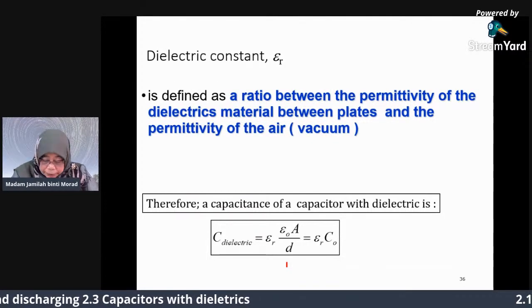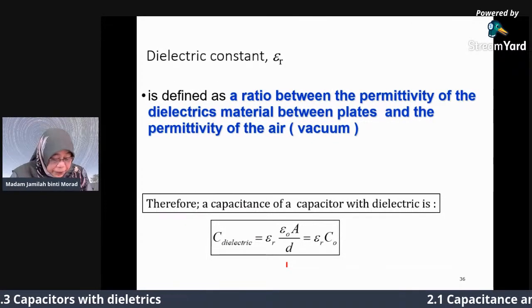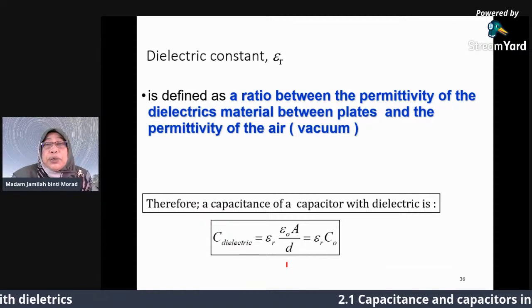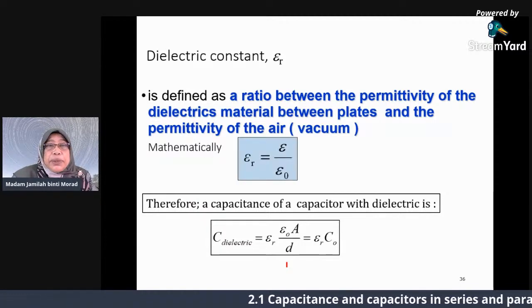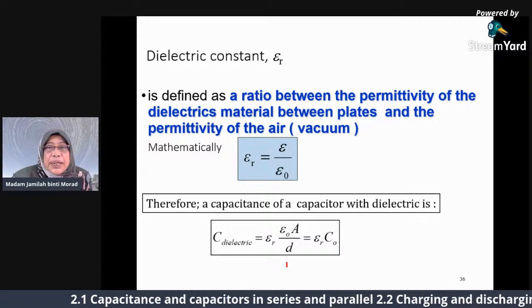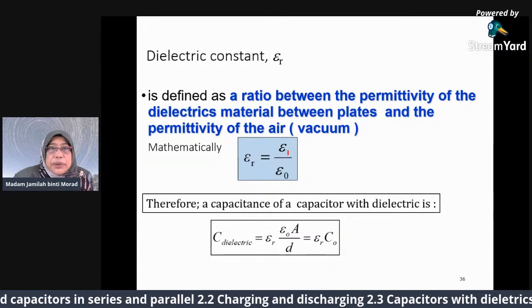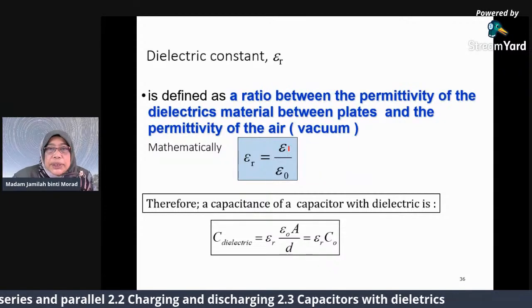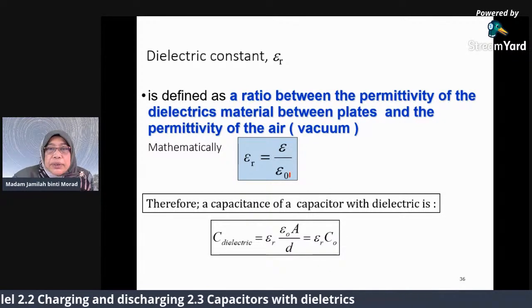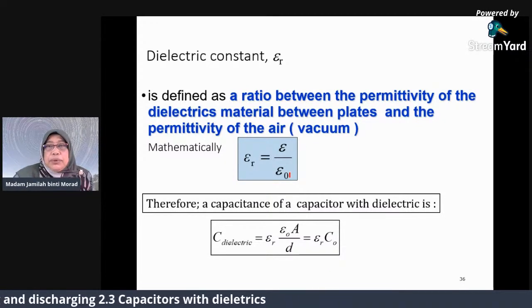The dielectric constant is defined as the ratio between the permittivity of the dielectric material between the plates and the permittivity of vacuum, epsilon r equals epsilon over epsilon naught, where epsilon is with the dielectric and epsilon naught is vacuum.